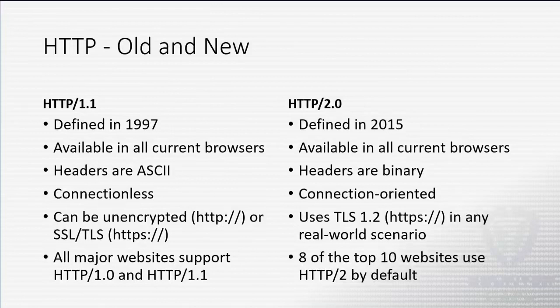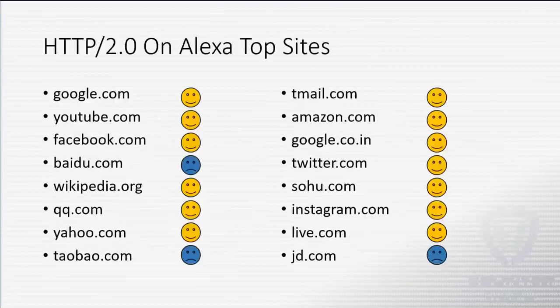And finally, with 1.1, that's absolutely, totally available in any web server you're going to go to. You really have to contrive an instance where that wouldn't be available. Whereas with 2.0, it isn't completely available across the entire internet, but with most top sites, it's going to be up. If we look at the top Alexa sites that fit on my slide, all but 3 are speaking 2.0 already.